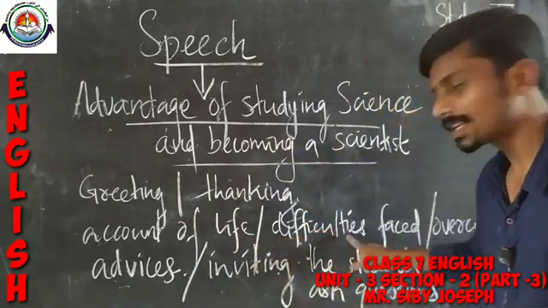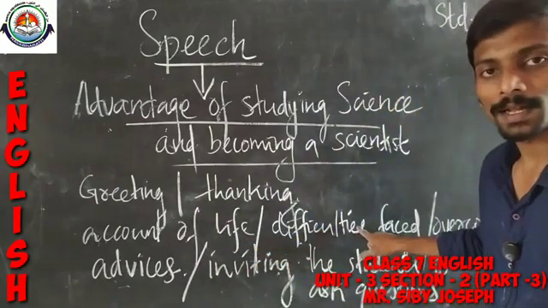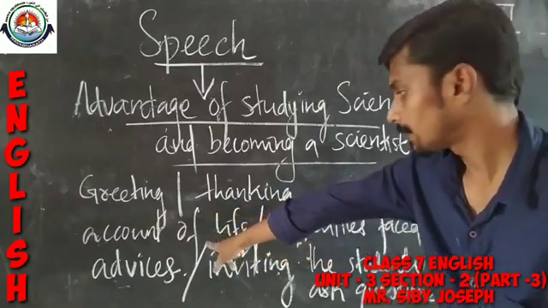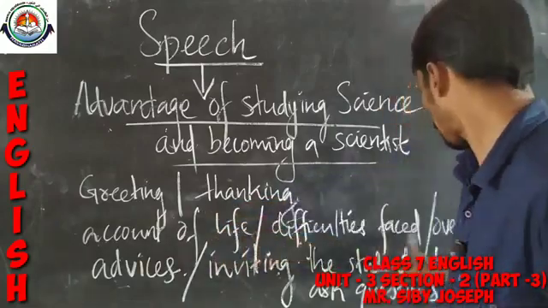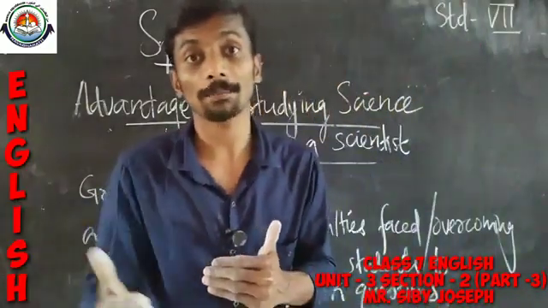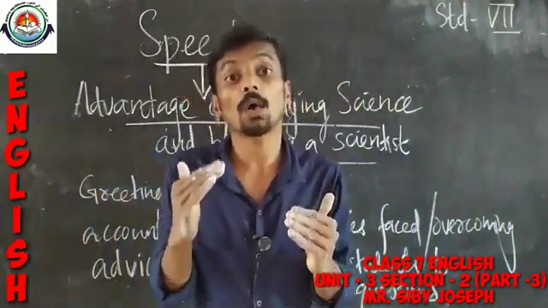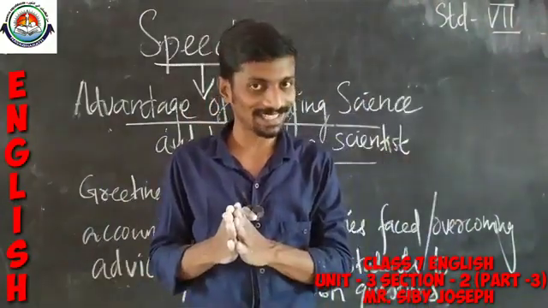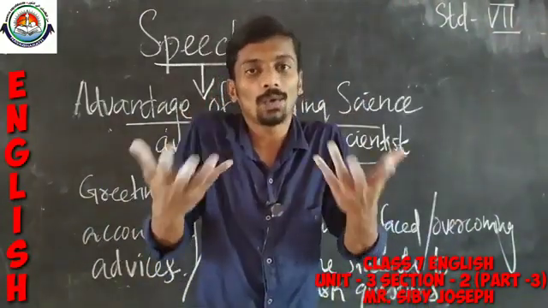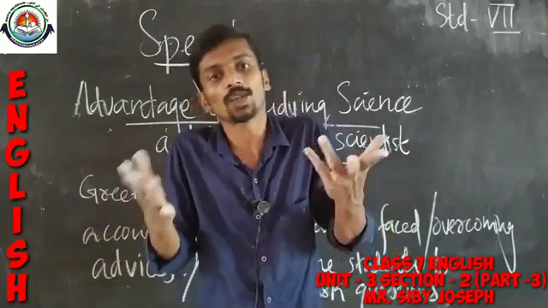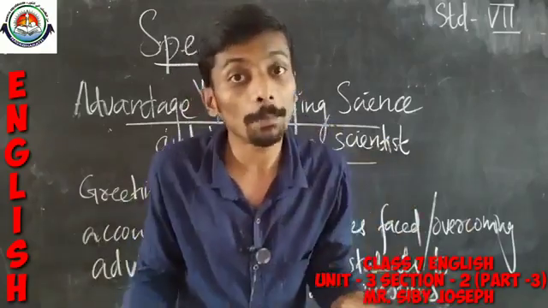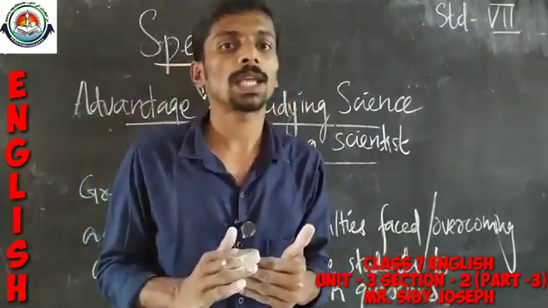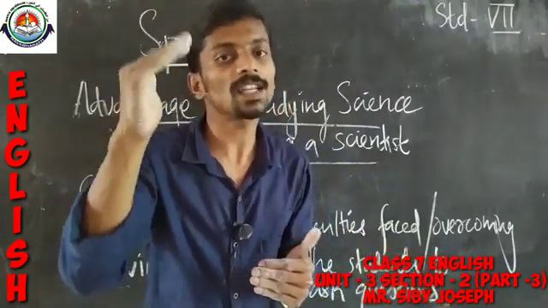Those difficulties should be mentioned after greeting and after providing the account of your life. And then you have to say how you were able to overcome all those difficulties and finally became a scientist, a space scientist. Then you have to share that experience with the students.